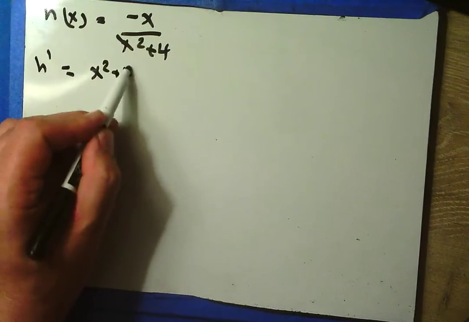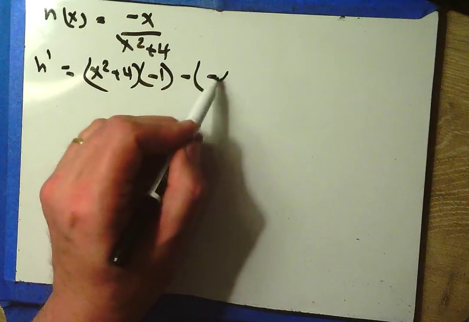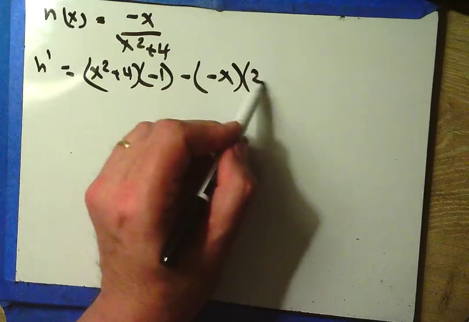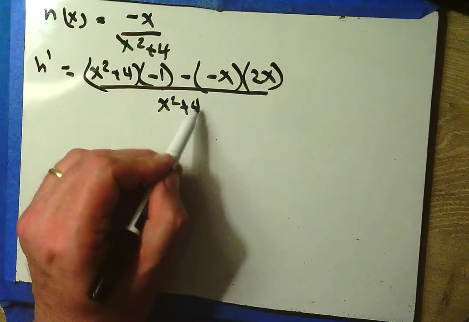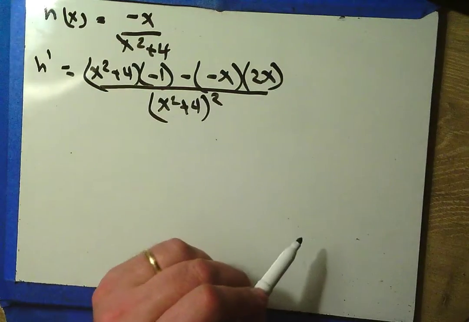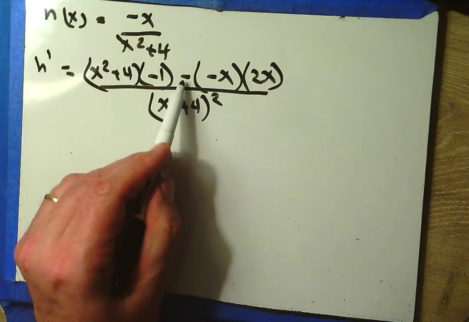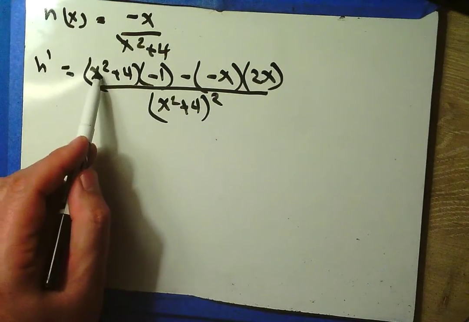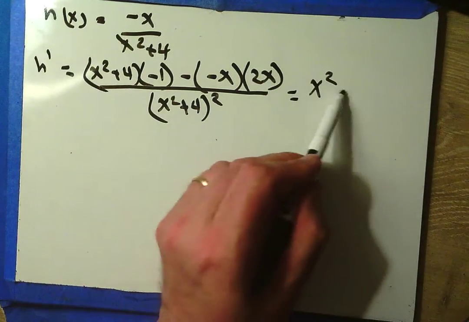Low d high minus high d low over low squared. Okay, let's tidy some things up. We're going to get a positive 2x squared minus 1x squared is 1x squared, and then minus 4.